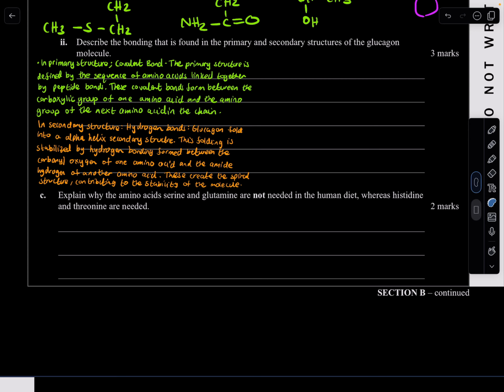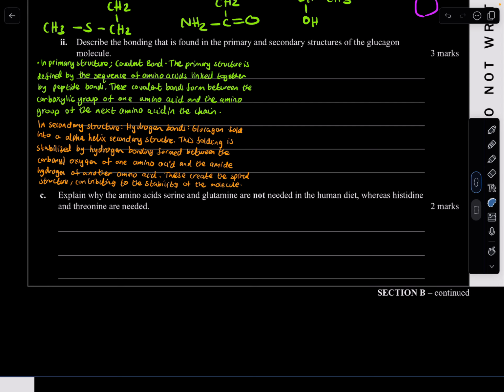So amino acids that we don't need in our diet are called non-essential, because our body creates them by itself. And there are essential amino acids that our body cannot even produce, and so we need them in our diet. And that's what we just need to explain.